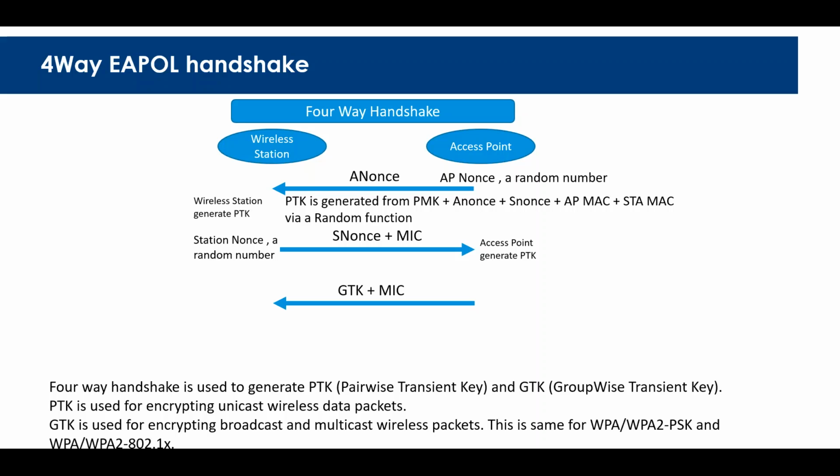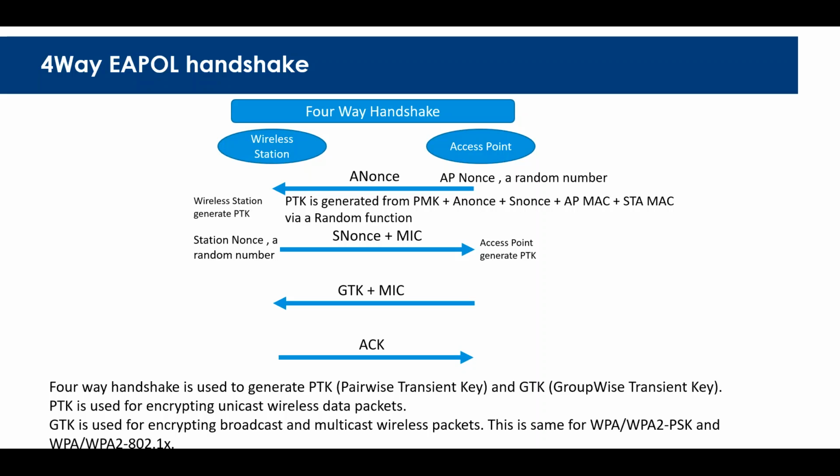Once the validation is done, the access point will generate the GTK and send it to the wireless station. GTK is encrypted using a portion of the PTK. The wireless station installs the GTK for encrypting and decrypting the broadcast and multicast packets.